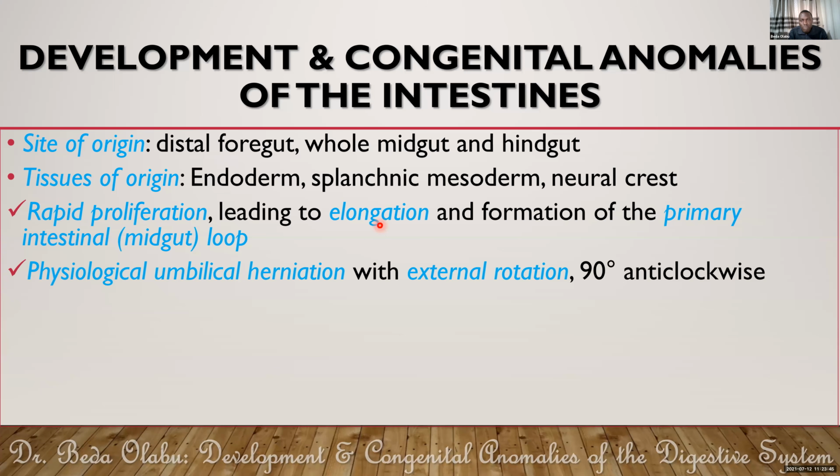Something very important in embryology, something almost unbelievable, is that as the intestines develop, they reach a point that they want enough space, but that space is not available within the abdomen of the fetus because the fetus is very small at this time. And so the fetal abdomen is really contracted.